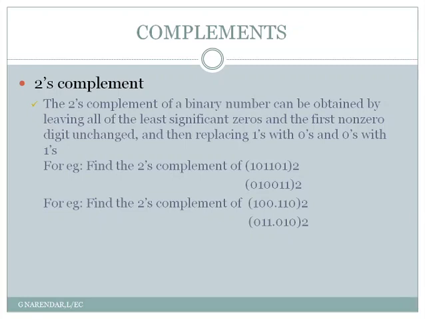Whenever you want to write two's complement of a given number, start observing the bits from the LSB, the least significant position. Moving towards the left, leave all the zeros as they are, and also leave the first non-zero digit as it is. After that non-zero digit, if you find any other bits, change ones into zeros and zeros into ones. We'll illustrate this with an example.